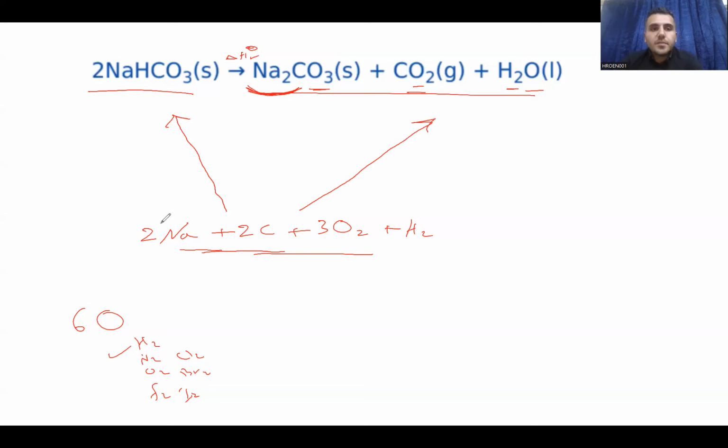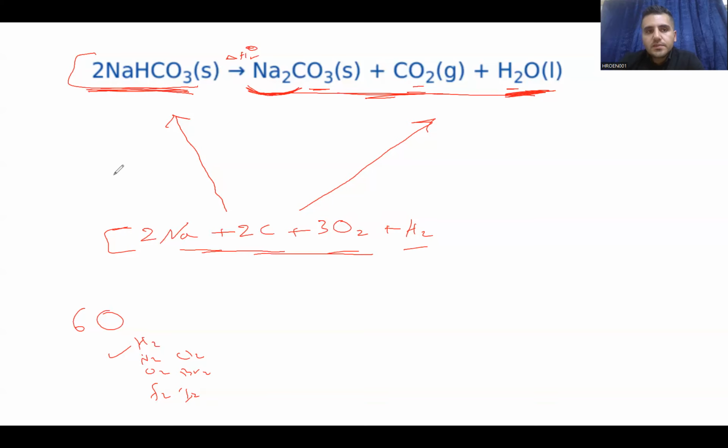These arrows represent the formation of the reactants and the products from the elements. Okay, it's not that difficult. So, for example, let's talk about H2O. H2O is made from oxygen and hydrogen. Just think about it like this.